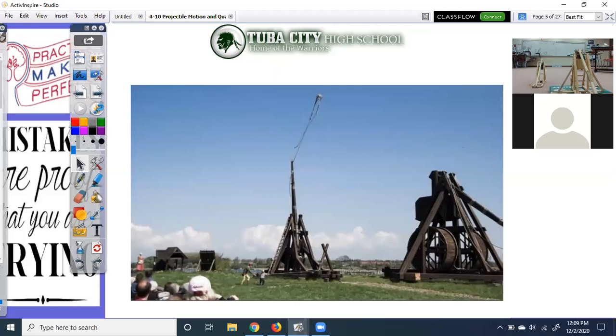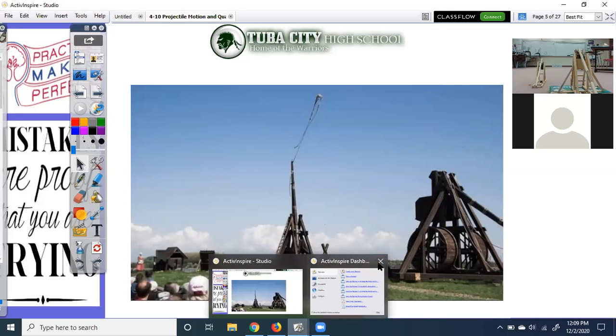The downward force pulls on the boom, which is this swinging arm, that pulls a sling that is released at a particular moment that lets go of the projectile. Can hurl a 90-kilogram stone ball up to 300 meters. So let's go ahead and give a little bit of an example of what that might look like.